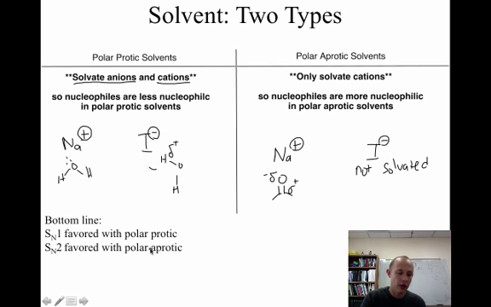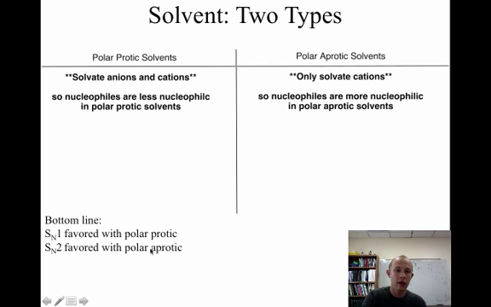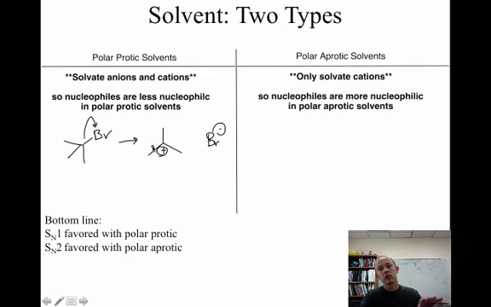Let's consider an SN1 reaction, right? In an SN1 reaction, the rate determining step is going to be dissociation to form a leaving group and a carbocation, right? If we can stabilize the carbocation, we'll increase the rate of the SN1 reaction. But we just said that polar protic solvents can stabilize anions and cations.